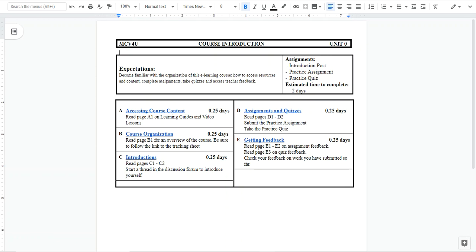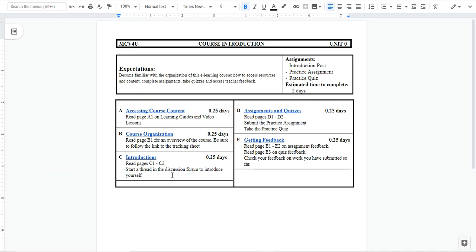So if you're the kind of person who likes to really stay organized and is really worried about missing things out, you might want to print out this overview for each one of the units, and then as you complete these topics, A, B, C, D, and so on, just check them off. The content units are going to have a little bit more detail in the instructions, so you might want to check off individual little things on this list.